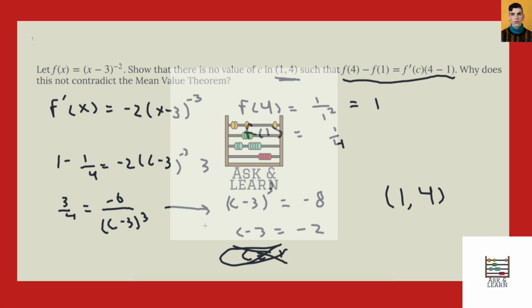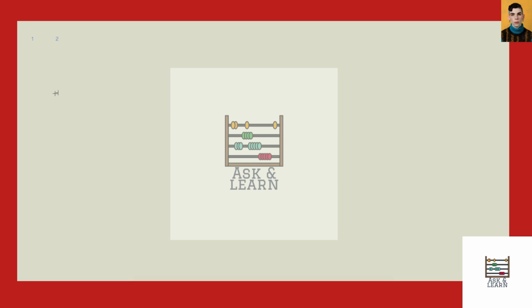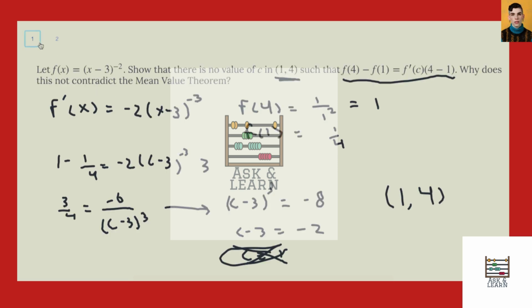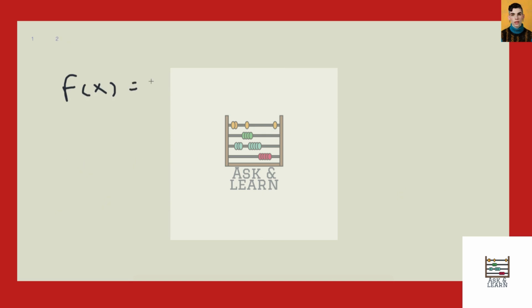And there's actually a really good reason why this is not allowed. The reason is that if you look at the original function, f of x equals (x minus 3) to the negative 2, remember, this can be rewritten as 1 over (x minus 3) squared.